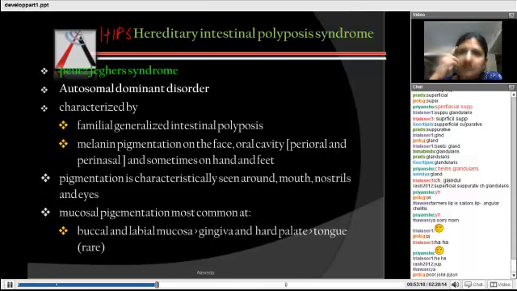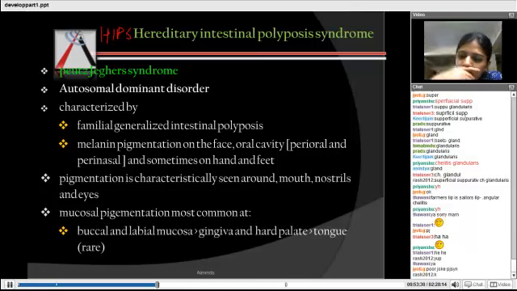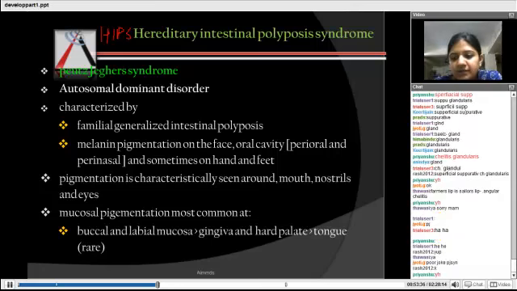Later on you will go to maternal, mitochondrial, paternal, and just keep one page extra. Your HIPS goes to autosomal dominant. I told you to keep an extra page. For example, put your cleft lip, cleft palate there as being polygenic or multifactorial.